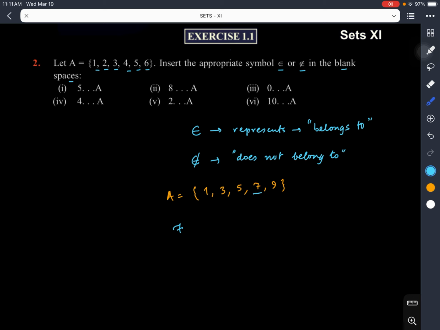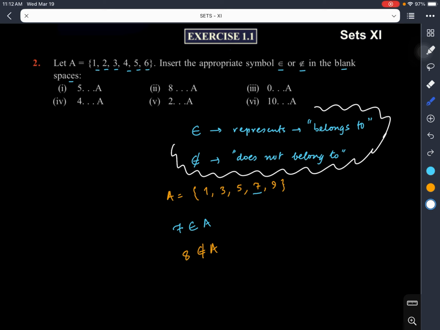We can see that 7 is a member of this very set, so we'll say yes, 7 belongs to A. Similarly, if someone asks whether 8 is an element of this set, we can observe that 8 is not present in this very set, so we'll say that 8 does not belong to set A. Therefore, epsilon means belongs to and epsilon naught means does not belong to. This is the very concept we are going to use in this question.